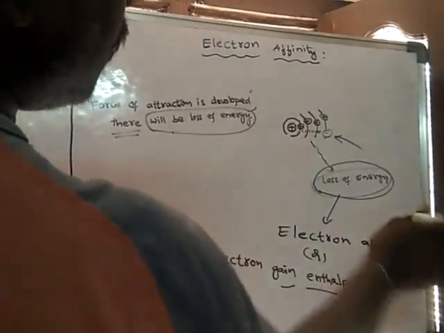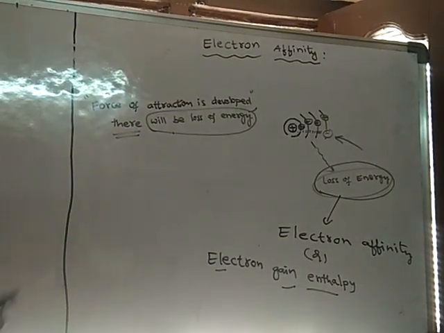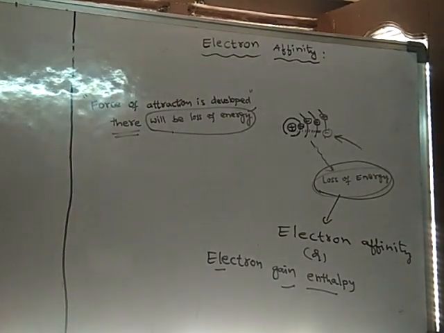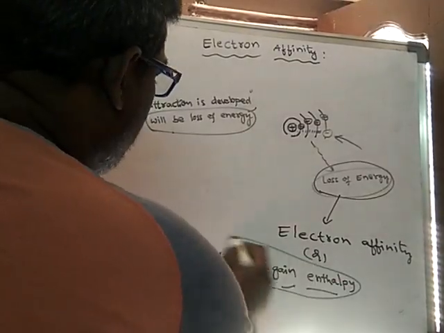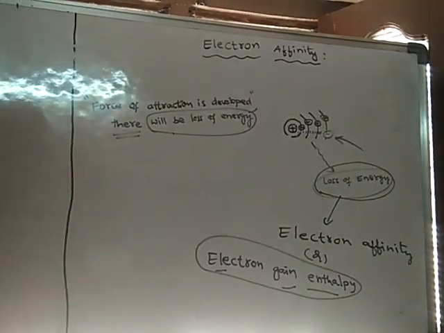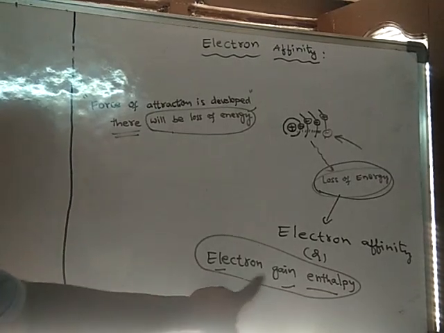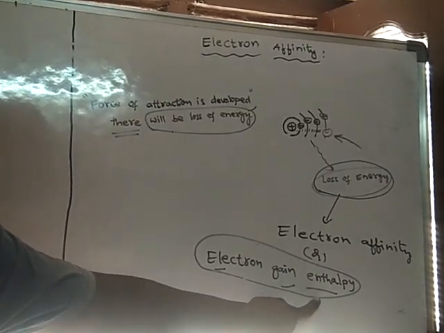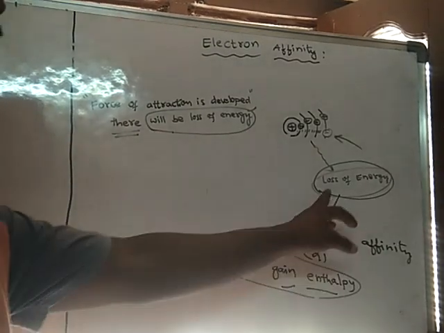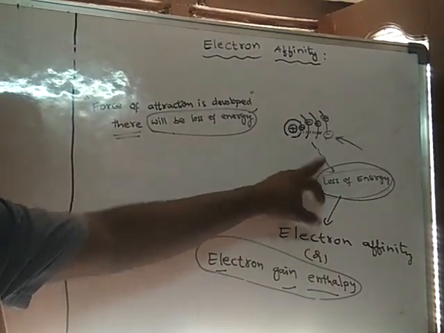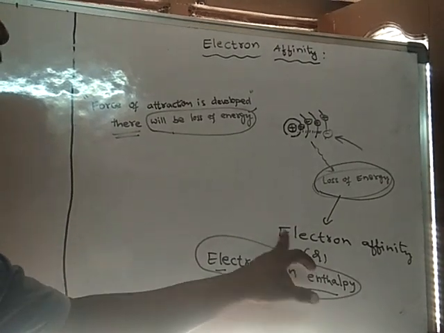That means the atom is losing energy. So that changed energy is called electron gain enthalpy. That means there is a loss in energy, and the energy which is lost is said to be electron gain enthalpy or electron affinity.